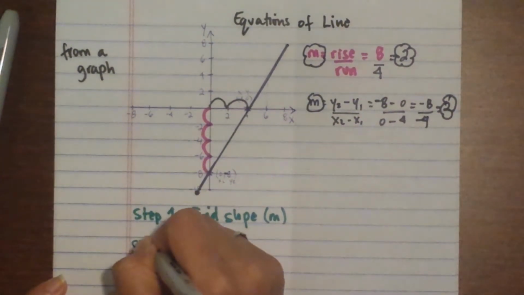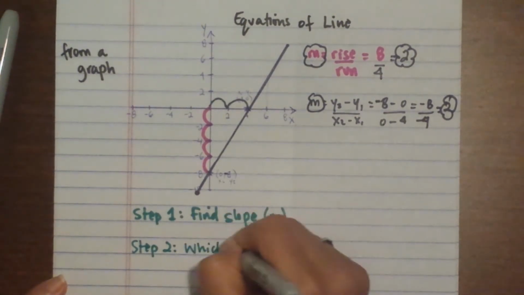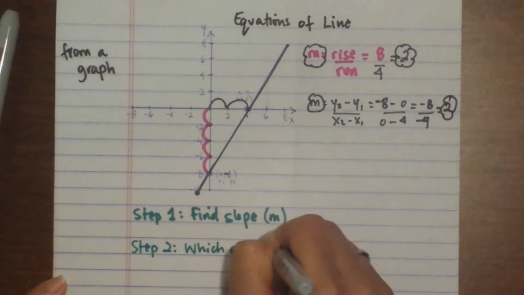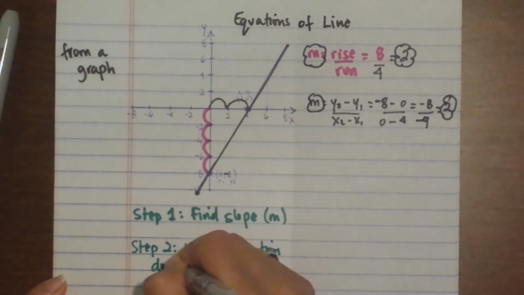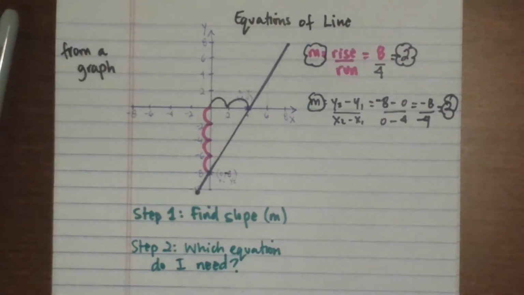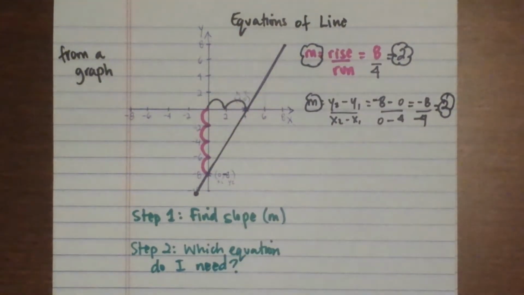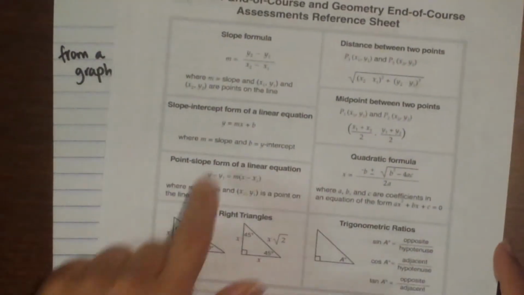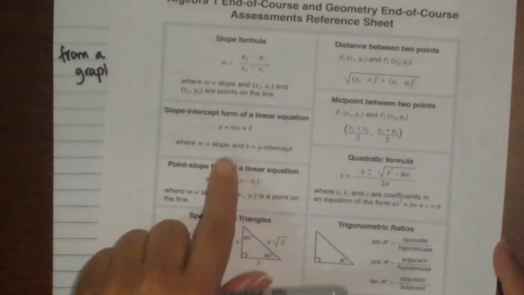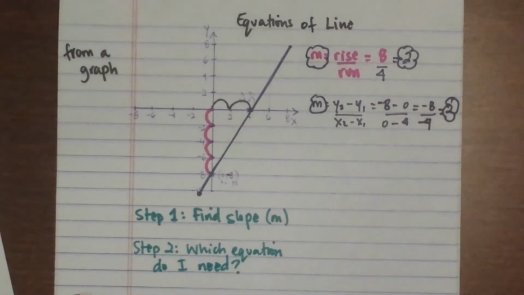Step 2 is still going to ask: which equation do I need? Again, you could still use the one that we did before because we've got 2 points, but I want to show you how to use this other one: y equals mx plus b. I have m, which is slope, and b, which is the y-intercept, which is basically where the graph crosses the y-axis.